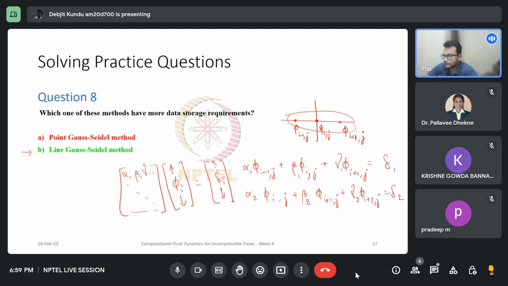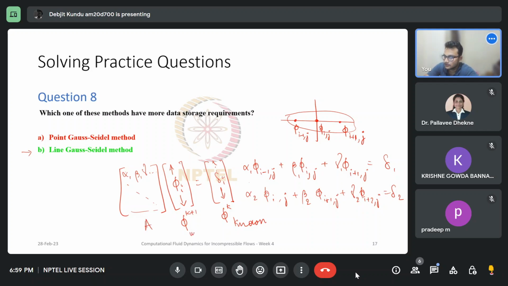In this case, all these deltas are actually found out using phi k's, which are known quantities. These are values from the previous iteration, and these are values of the current iteration. Let's call this the A matrix.